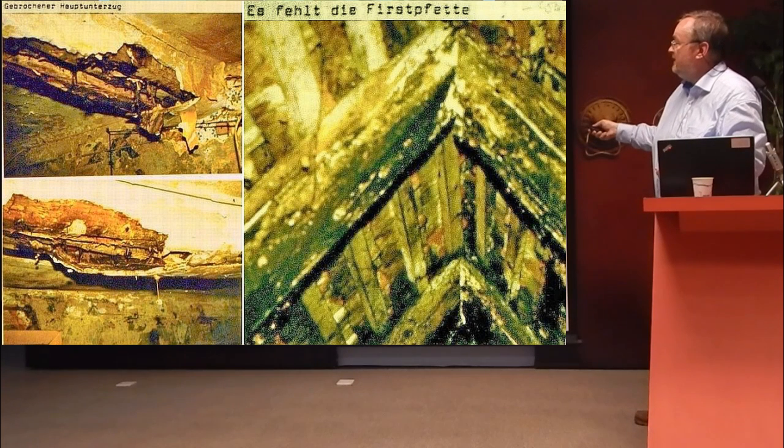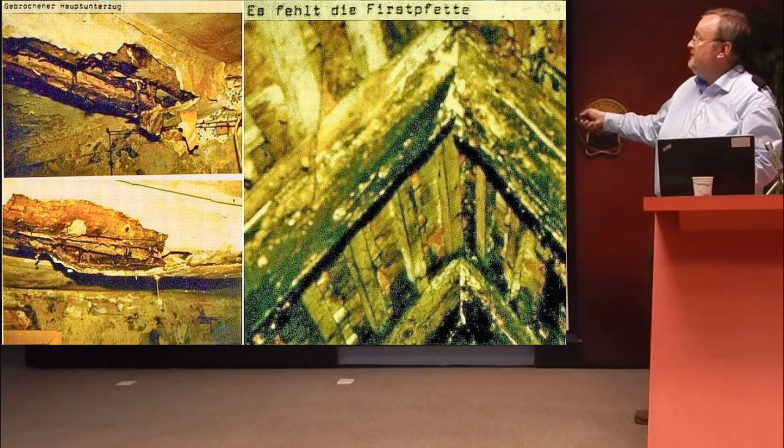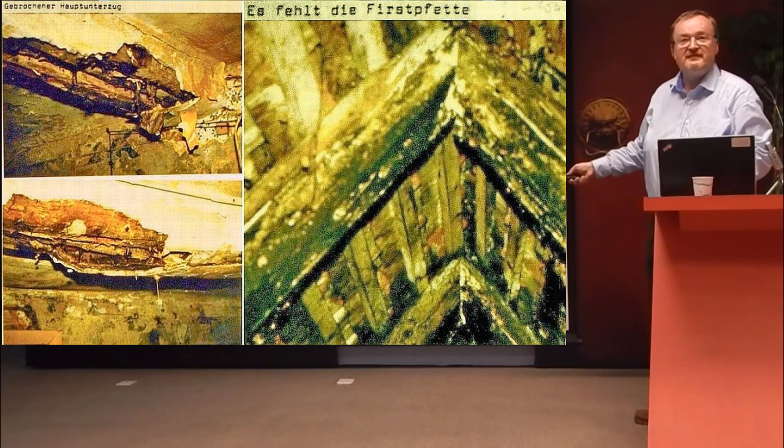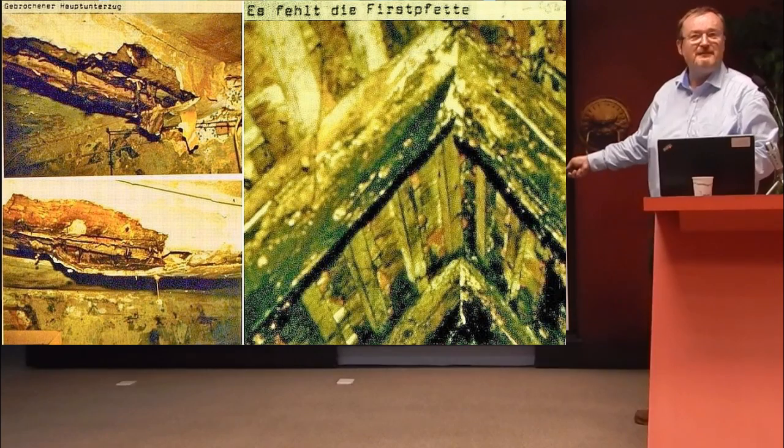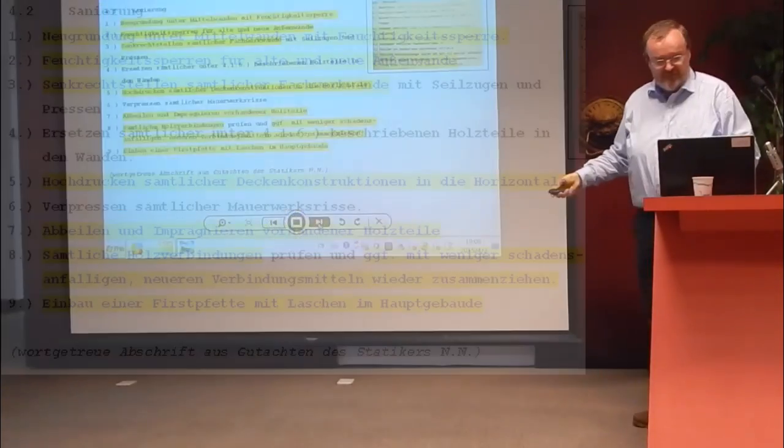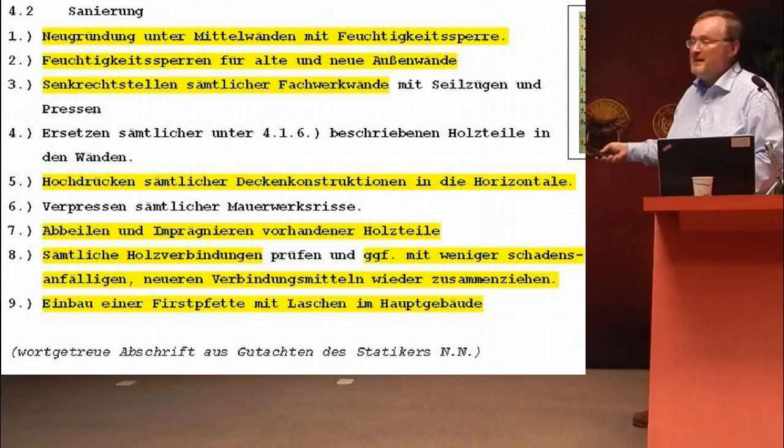And here we are at the top of the roof, and he is writing the main beam here is missing. But what he doesn't know, never had been a main beam at this place, because the roof system is just another. So he found a lot of damage.